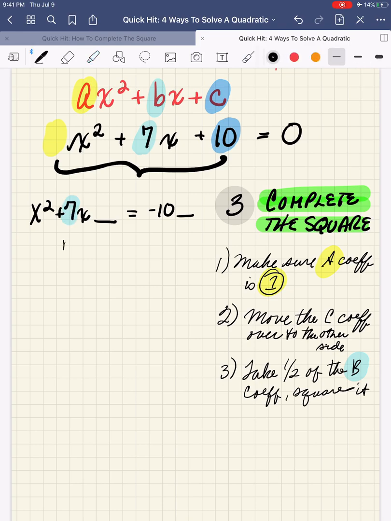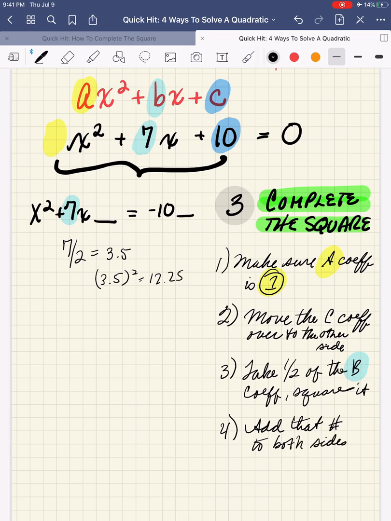Well, so 7 halved is equal to 3.5. And then 3.5 squared is equal to 12.25. Now the fourth step is to add that number, that 12.25 number, to both sides. So I'm going to take that 12.25, I'm going to add it to both sides.